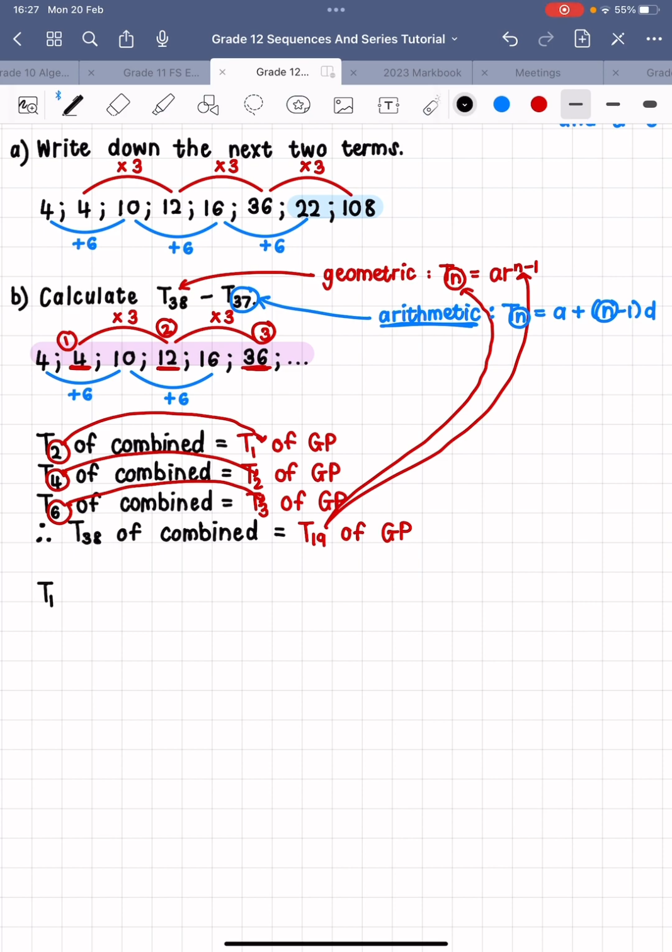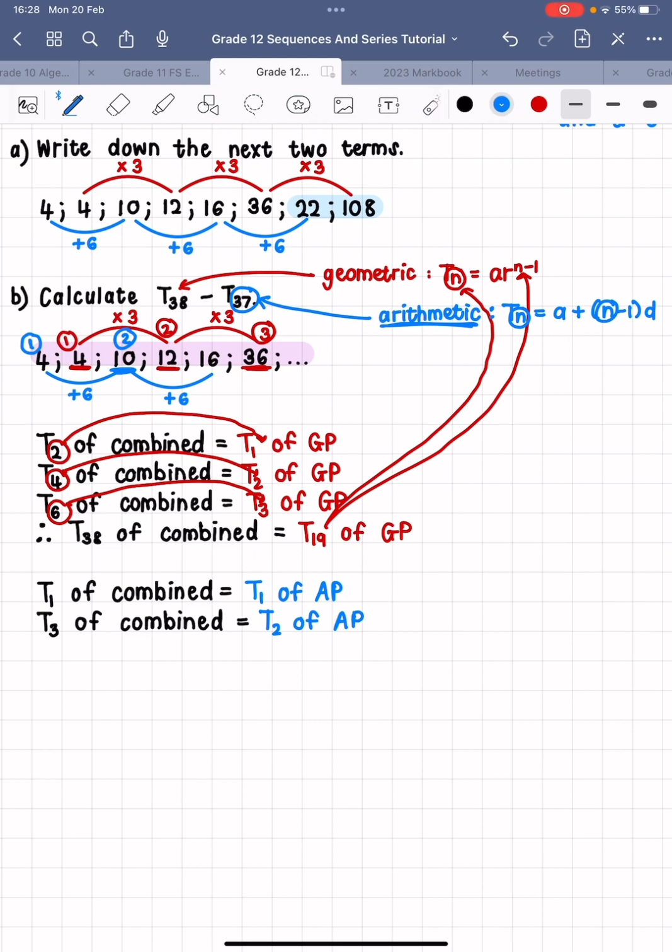Term 1 of the combined pattern was term 1 of the AP, of the arithmetic pattern, of the blue pattern. I'm looking at this term over here. That is term 1 there. Term 3 of the combined pattern is equal to, I'm looking at that one, term 2 of the arithmetic pattern.